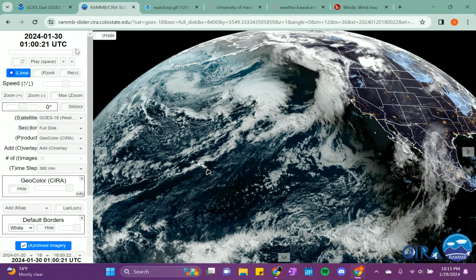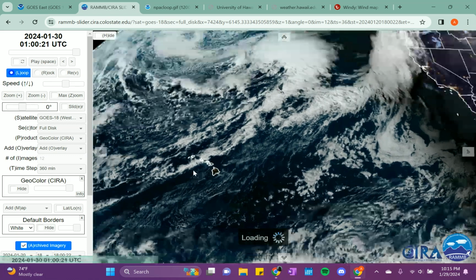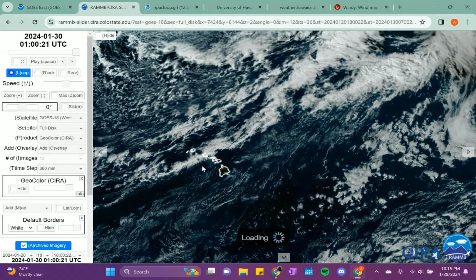We are looking at the 30th at 1 UTC, and as we said before, there is the previous storm system dissipating itself over at the Pacific Northwest, and this stronger storm system off to the north of Hawaii. And this storm system is what's bringing us the rain that we saw today.